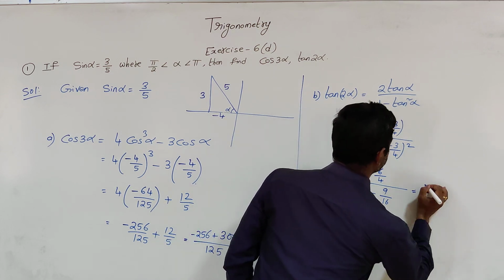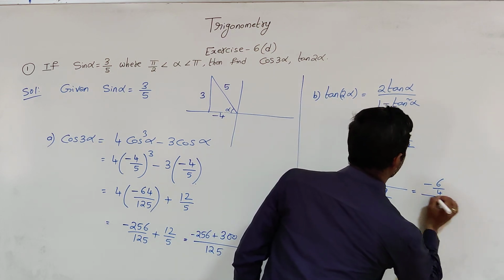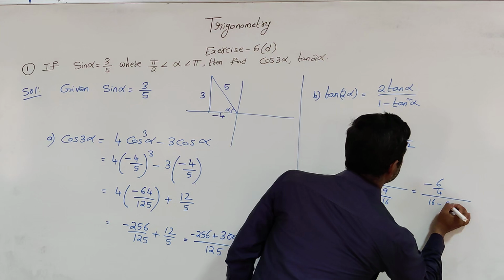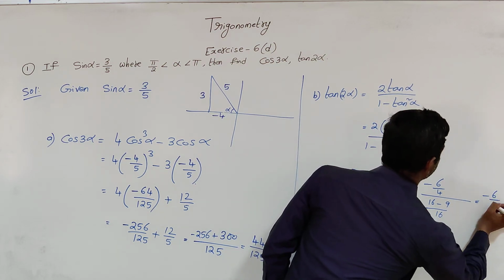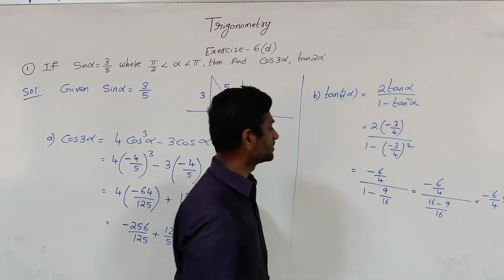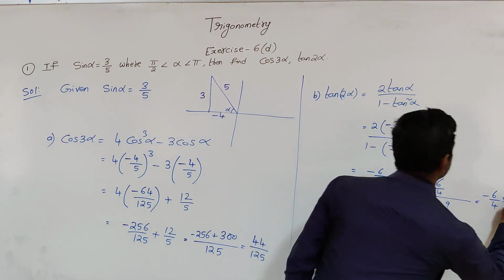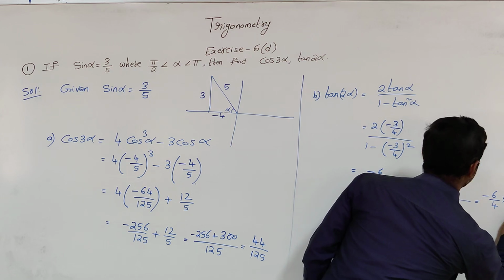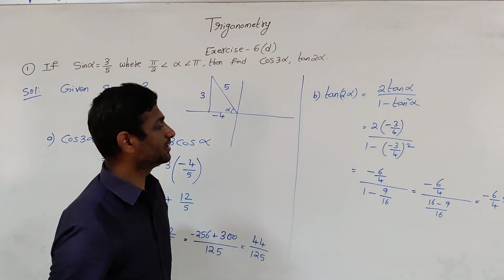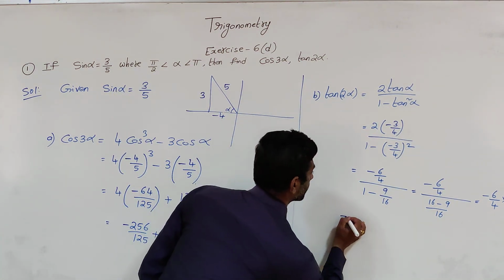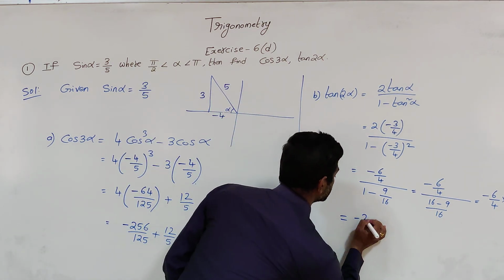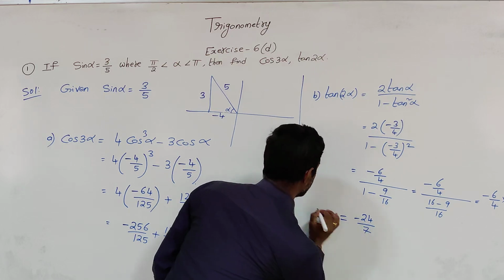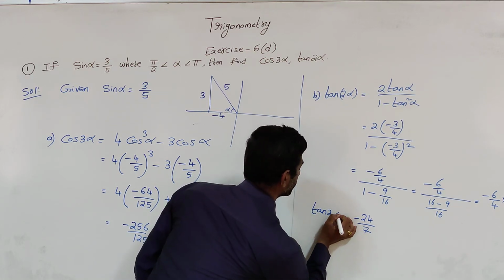And if you take LCM, minus 6 by 4 upon 16 minus 9 by 16, that gives minus 6 by 4 into 16 by 7. So if you simplify, it will be minus 24 by 7. That leads to tan 2 alpha.